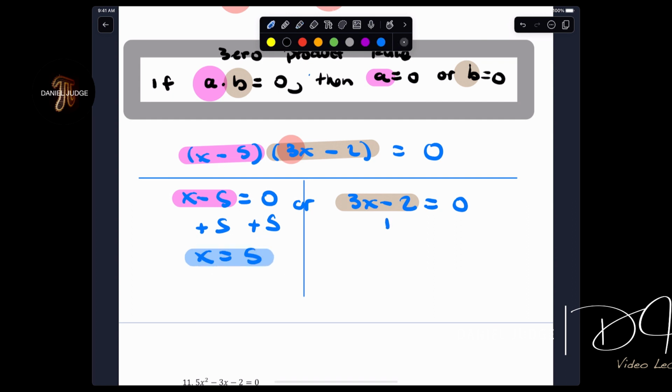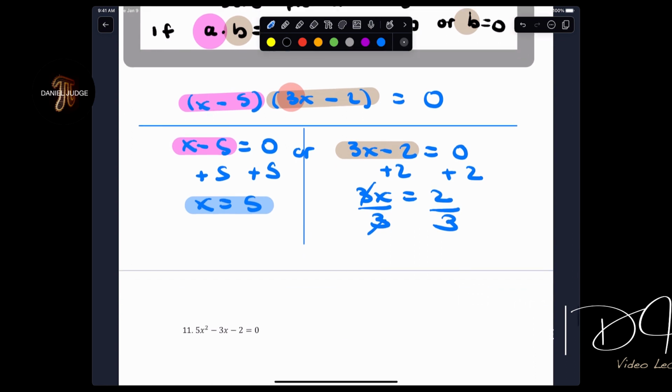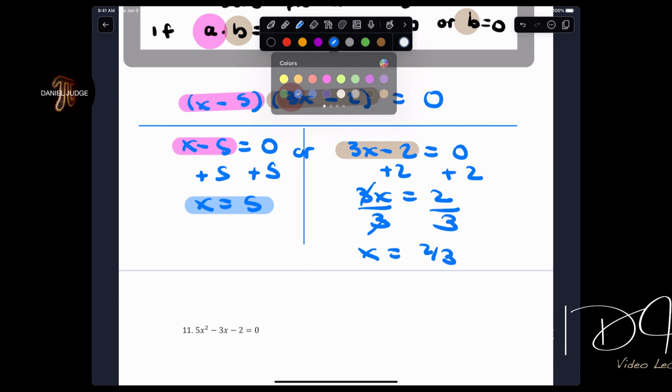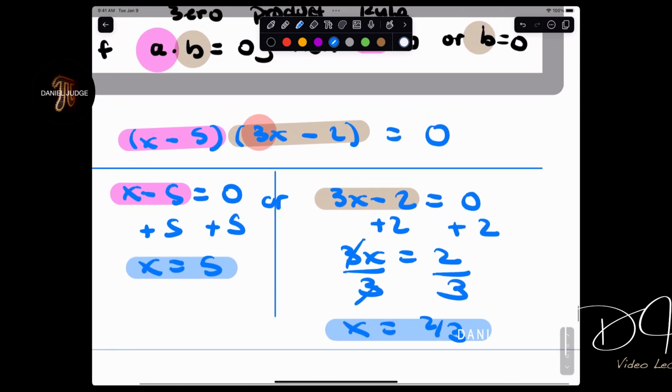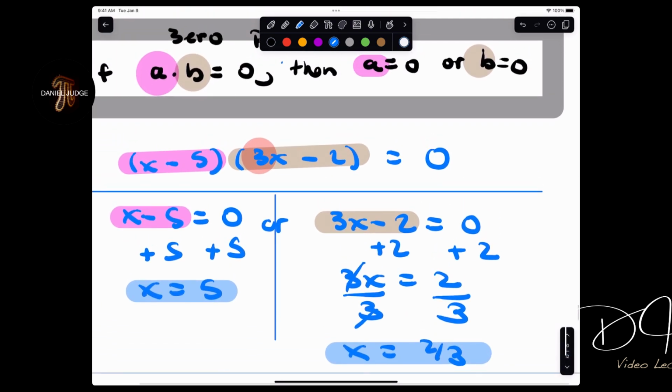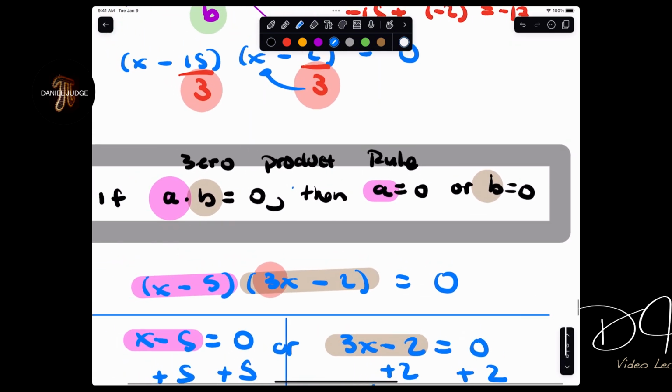And over here, you're going to add 2 to both sides, and you'll get 3x is 2. Divide both sides by 3, and x will be 2/3 here.